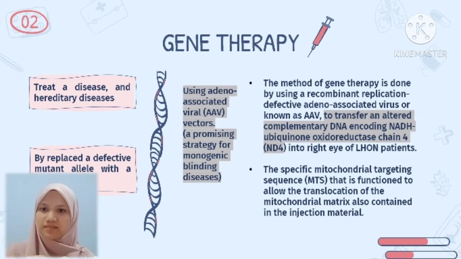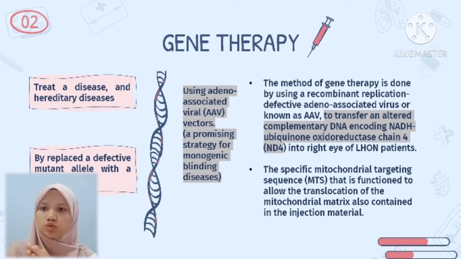In this study, the method of gene therapy uses a recombinant replication-defective adeno-associated virus, AAV, which is a promising strategy for monogenic blinding disease.